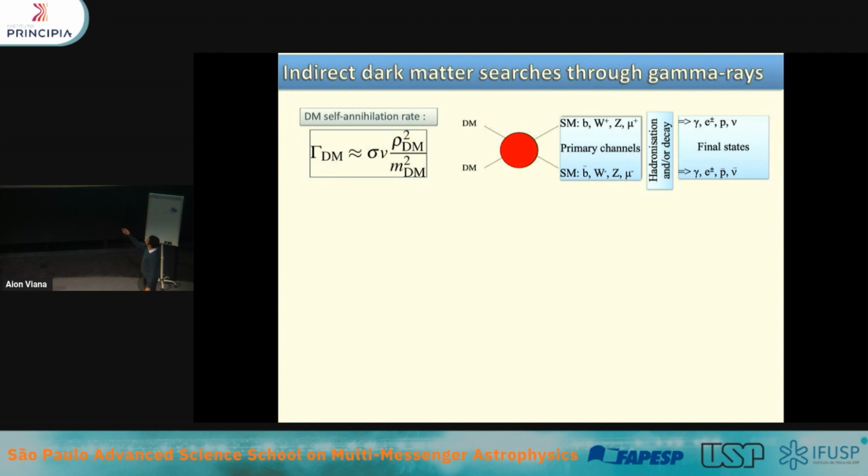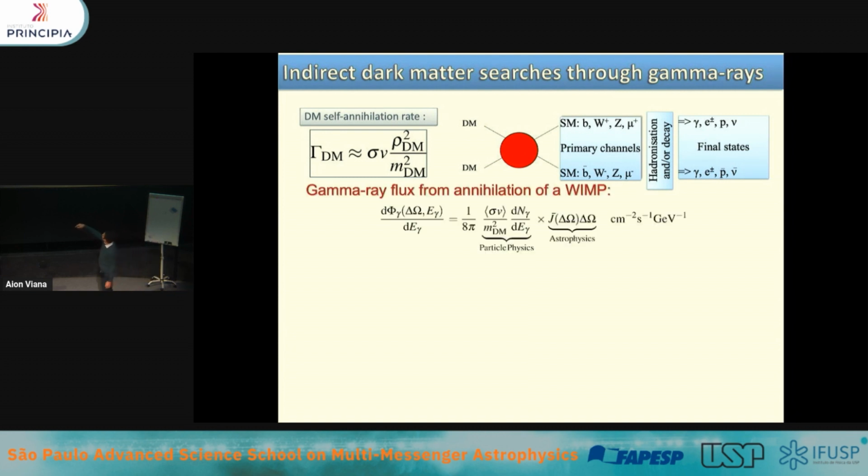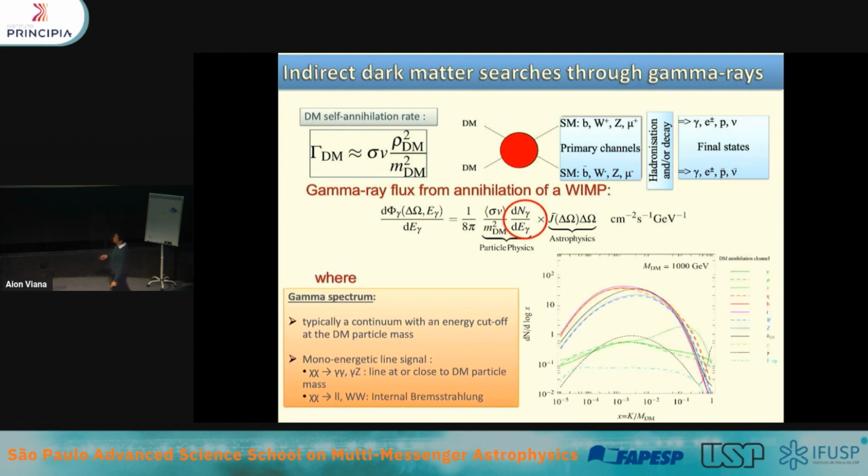Now, if we want to convert this rate into a flux, we have to introduce the energy distribution, which is basically this spectrum here, and we have to integrate the density over the line of sight. This energy distribution is what we call the gamma ray spectrum. It will typically be a continuum with a cutoff at the energy equivalent to the mass of the particle, because you can't produce gamma rays with an energy higher than the mass of the particle.